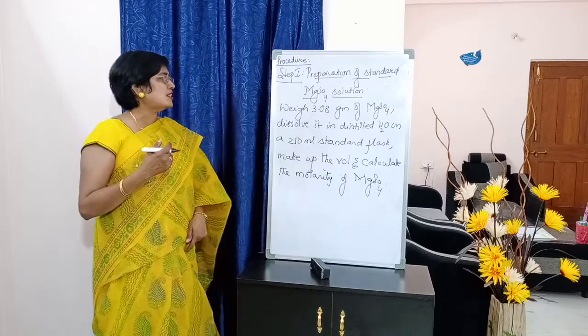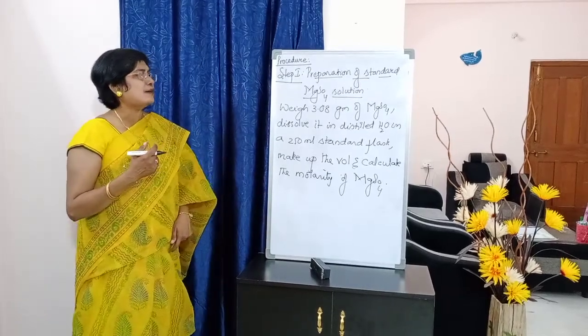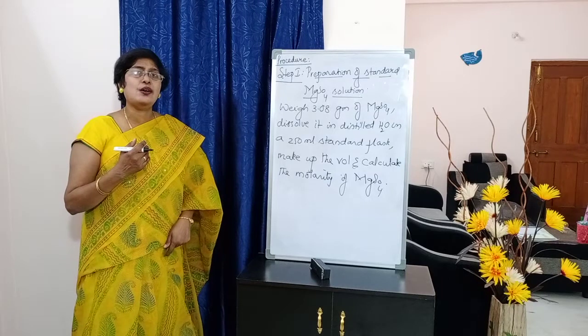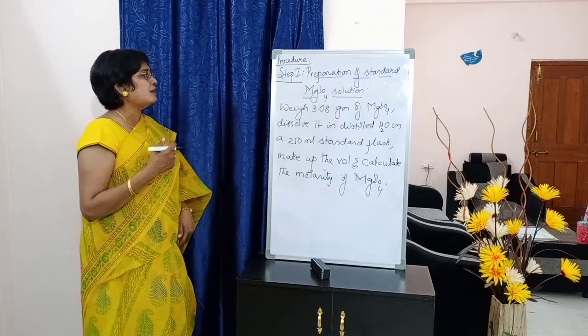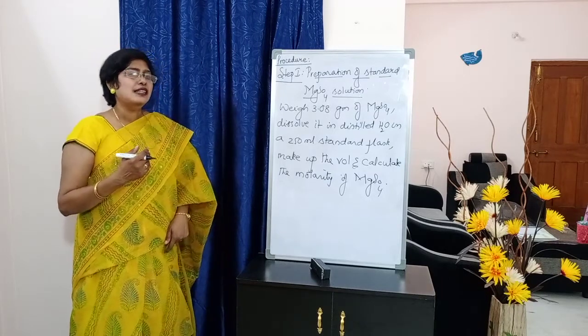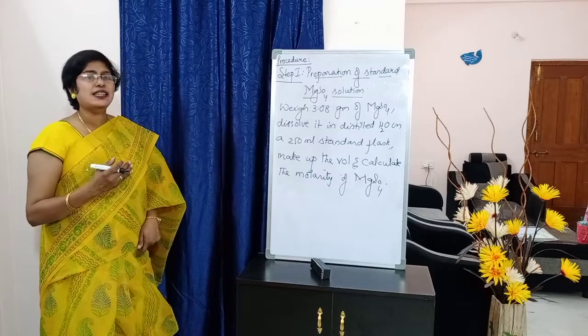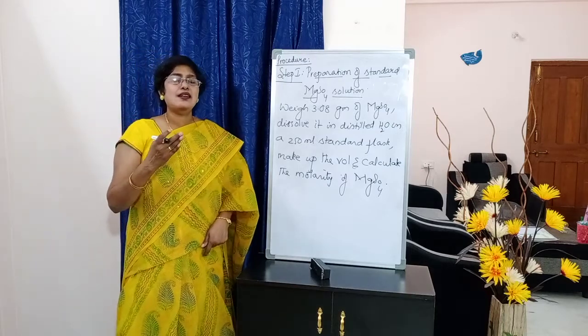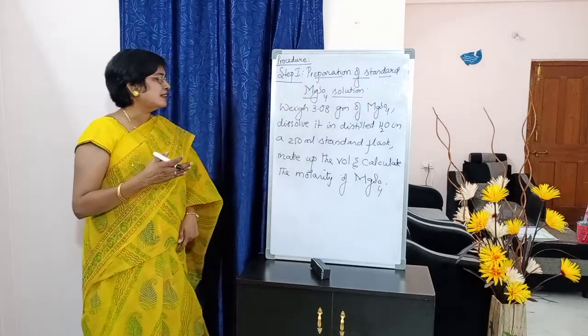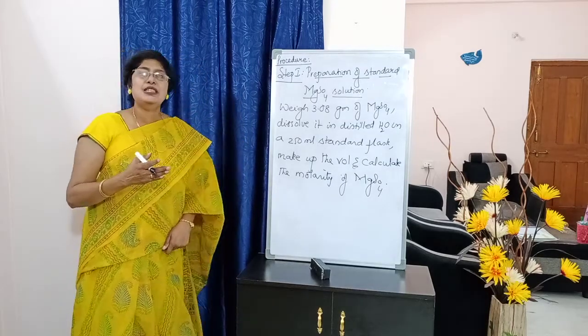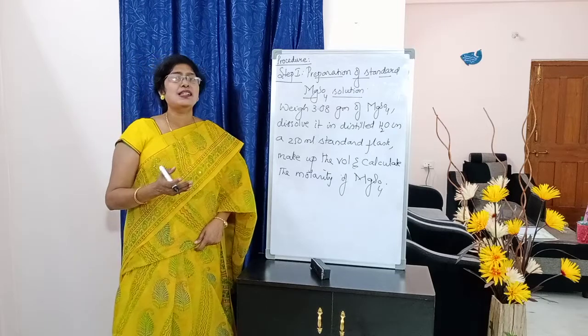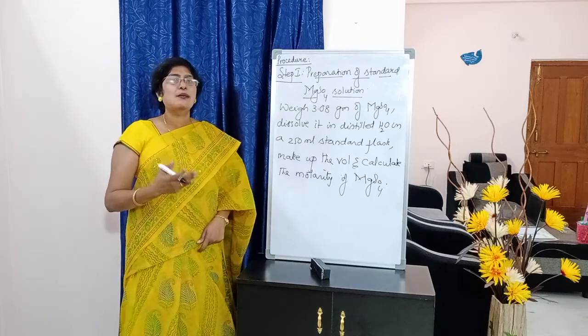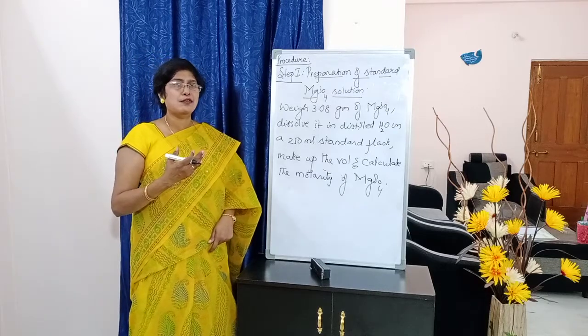So write down the procedure. Weigh 3.08 grams of MgSO4, dissolve it in distilled water in a 250 ml standard or volumetric flask, make up the volume to the mark and calculate the molarity of MgSO4.